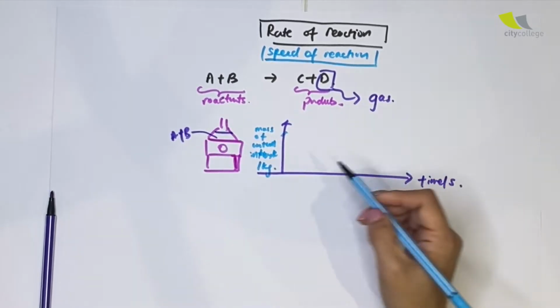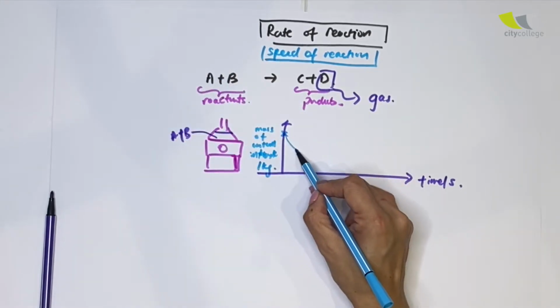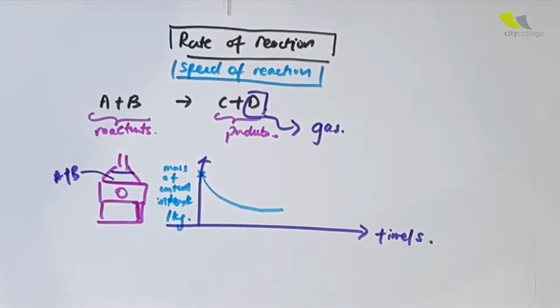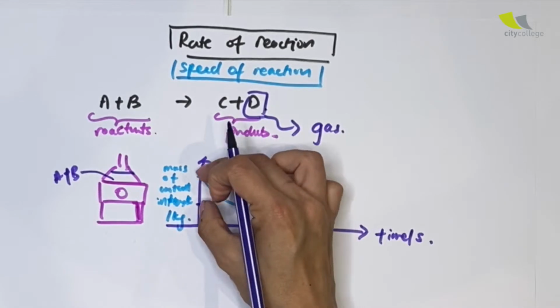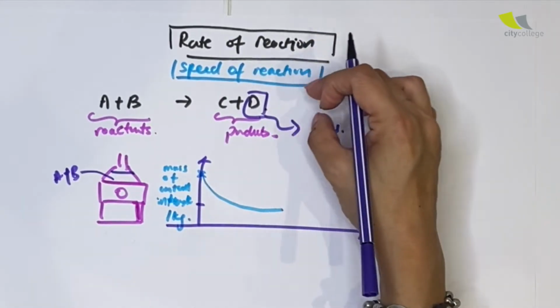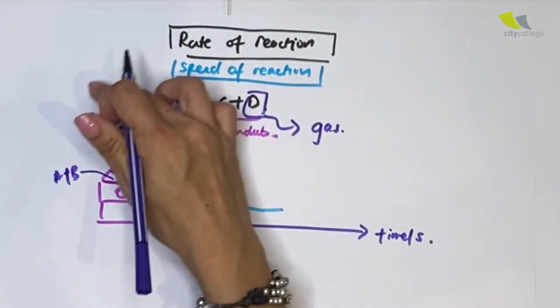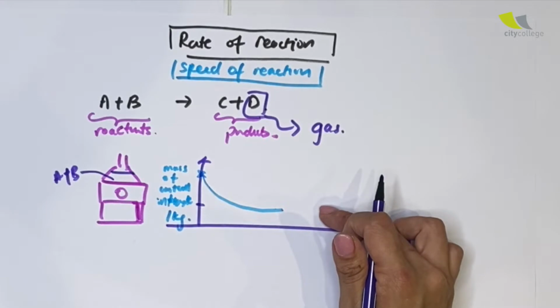In the beginning, you have the maximum, which is the combination of both A and B mass. Eventually, they will slow down and go to a stop, and it will look something like this. The decrease in the mass is the escaping of the gas that has formed as a result of the reaction. So that's why you will see a curve that goes like this.